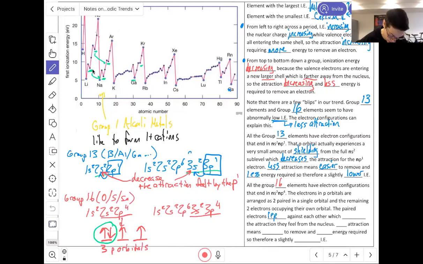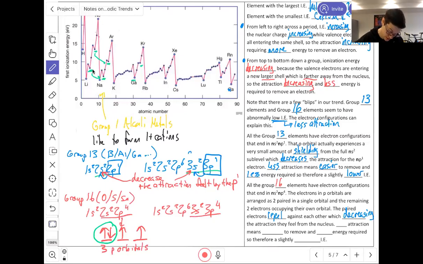They say, I do not want to be next to you. That is not my favorite place to be. So we are going to push against each other. And if they are repelling against each other, that is the exact opposite of attraction. So repelling is going to decrease attraction. So anytime you have repulsion, it decreases attraction.